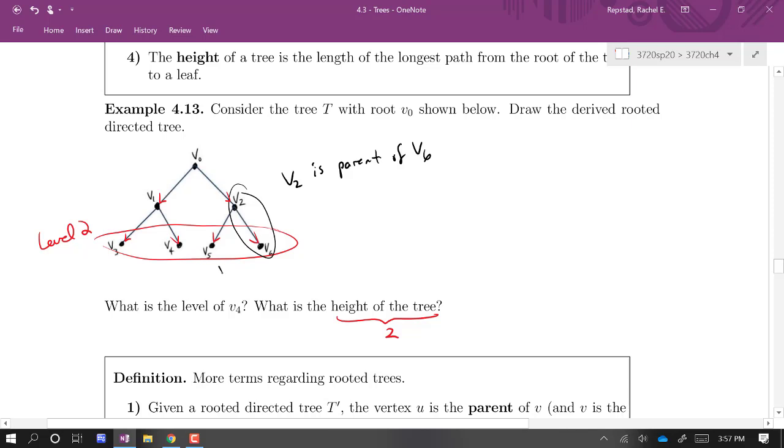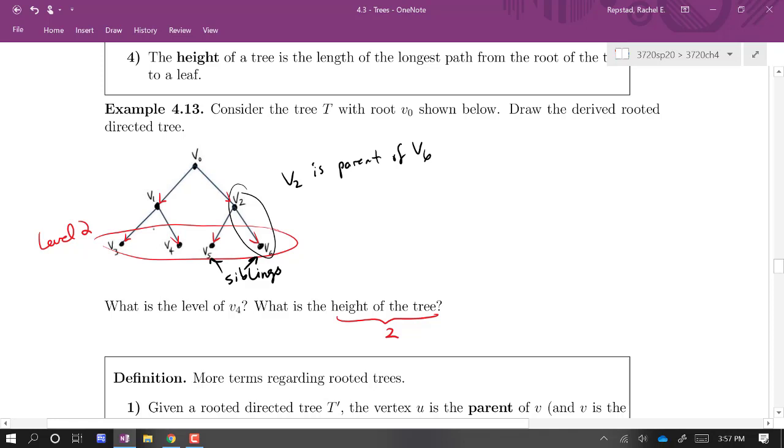And V5 and V6 are considered siblings because they share a parent. If there's a path, not necessarily just a single edge, from one vertex to the other, we say that the top vertex is the ancestor.